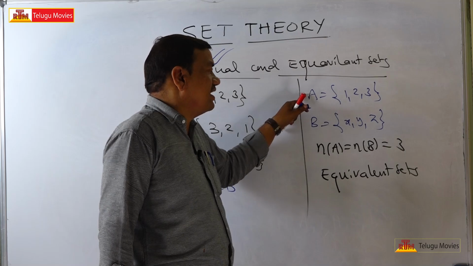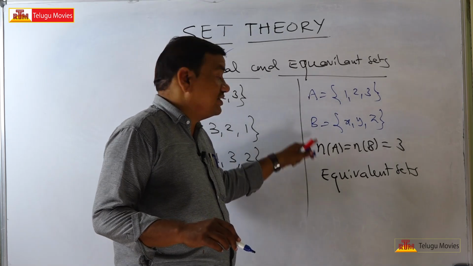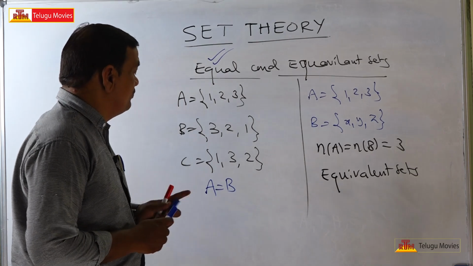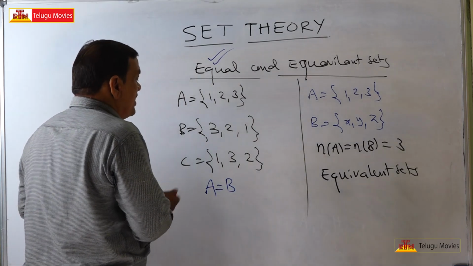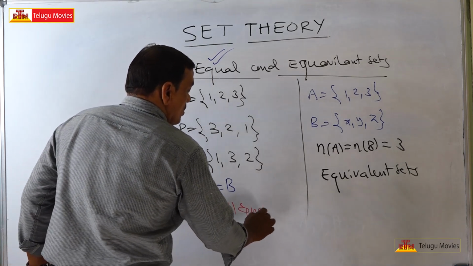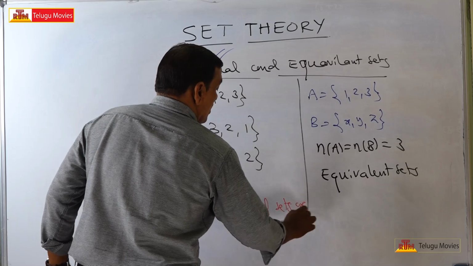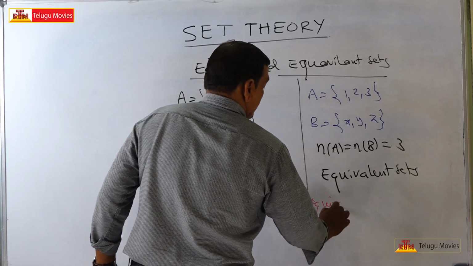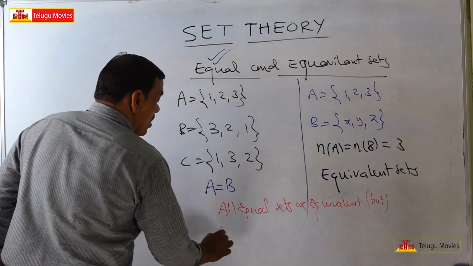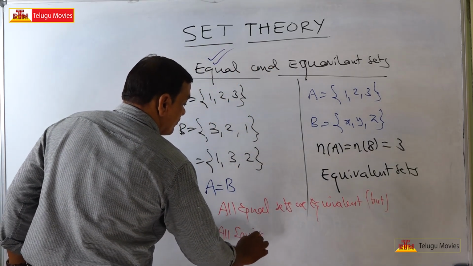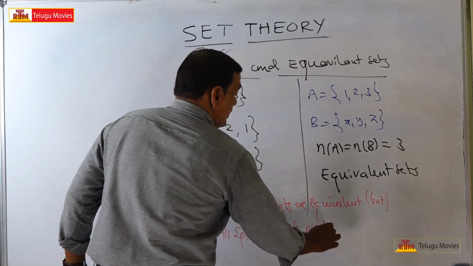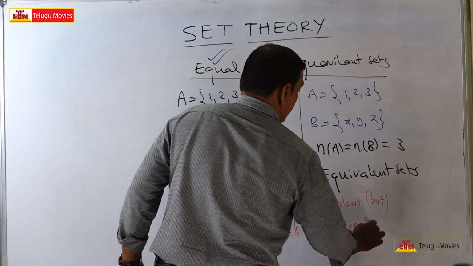If A contains 3 elements, B also should contain 3 elements, therefore they are equivalent sets. So from this we can say that all equal sets are equivalent, but all equivalent sets need not be equal.